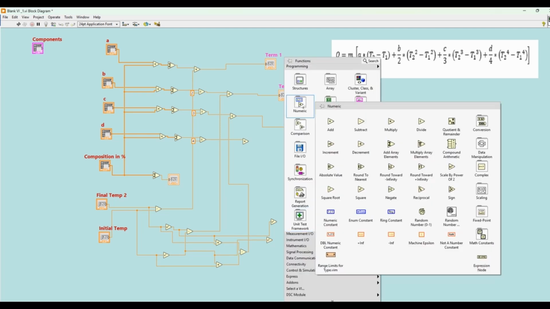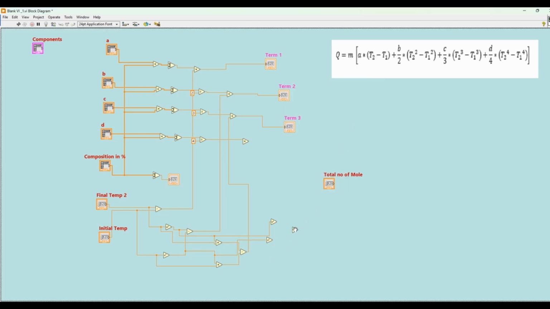Okay, now I'll take this subtraction of T2 to the power 4 and T1 to the power 4, and this is going to multiply with this one. So this is giving the fourth term. This is term 4. So up till now, we have calculated all these four terms.